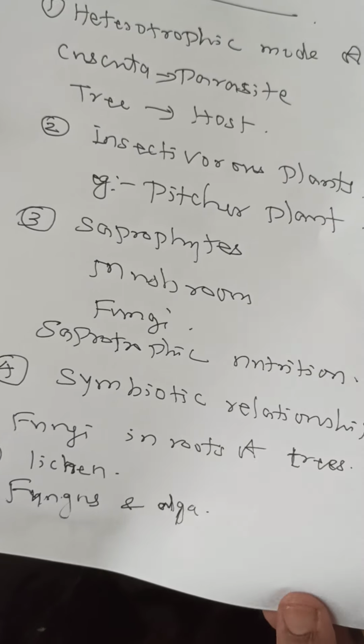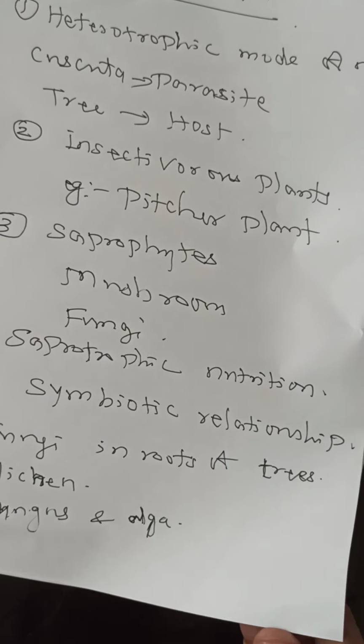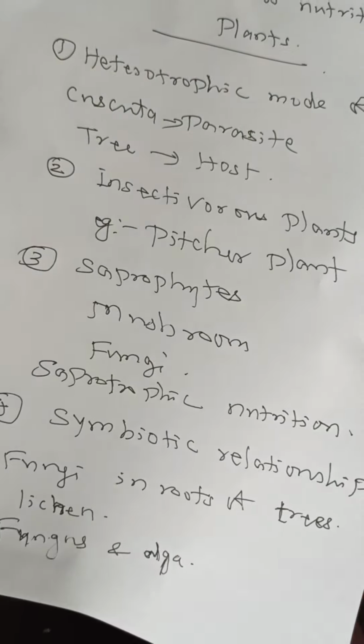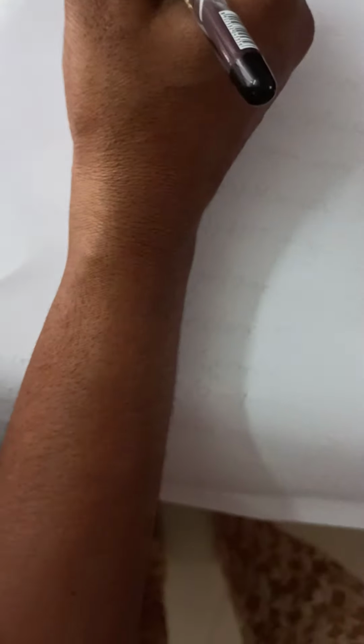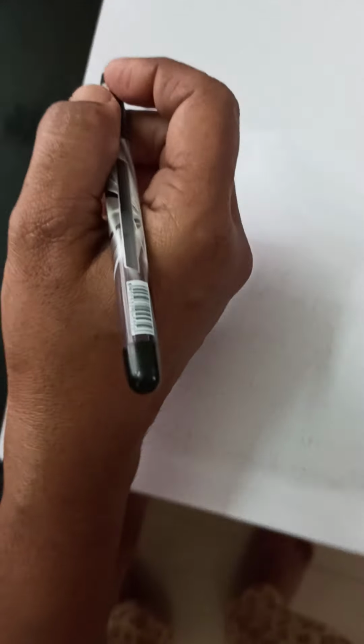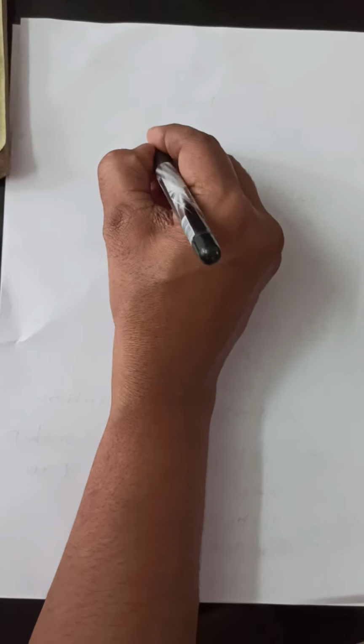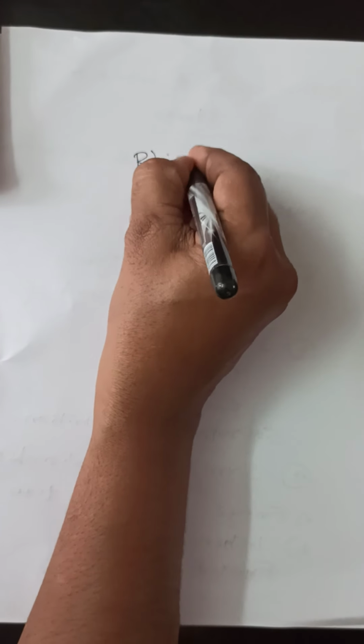Another one, which I have already mentioned once: you know that there is much nitrogen in the air, but the plants will not be able to take this nitrogen just like that for the preparation of their food as nitrates. So there are certain bacteria called Rhizobium.